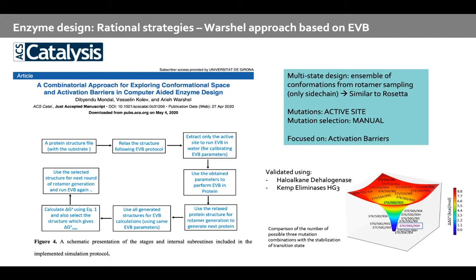In this case, multi-state design is similar to Rosetta, in the sense that only different rotamers for side chains are considered. The mutations are again restricted to the active site, and which positions to mutate is also manual. So with your chemical intuition, you select which positions you are going to mutate. And again, the focus is on reducing the activation barrier.